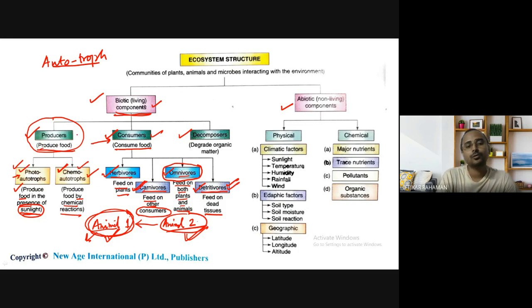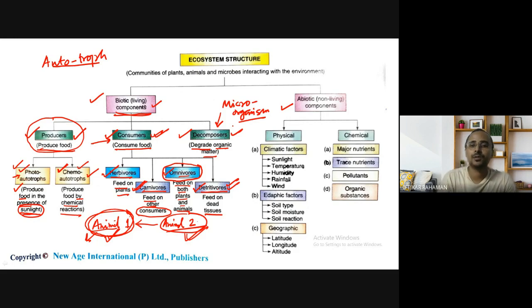So two categories we have completed: producers and consumers. Now the third one is decomposers. Decomposers degrade organic matter, and these decomposers are basically microorganisms, which I already told you in the first slide.